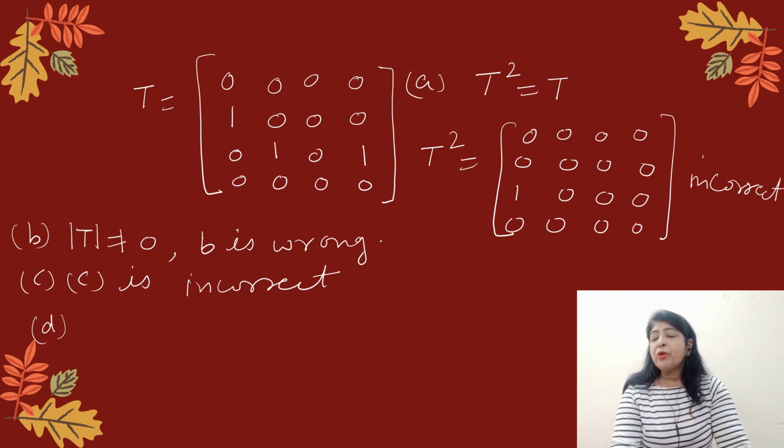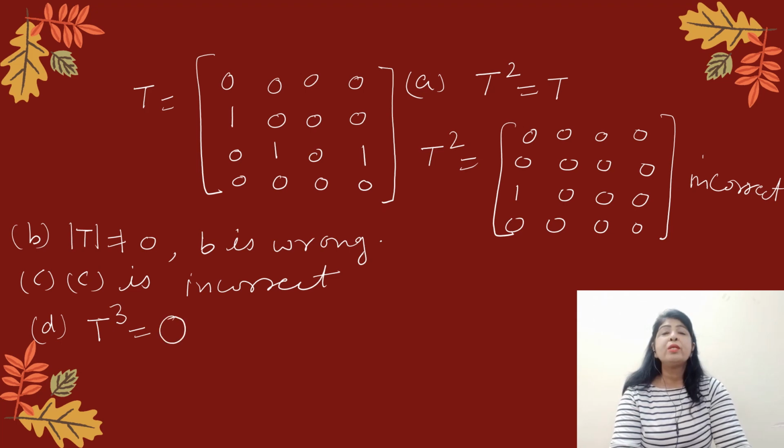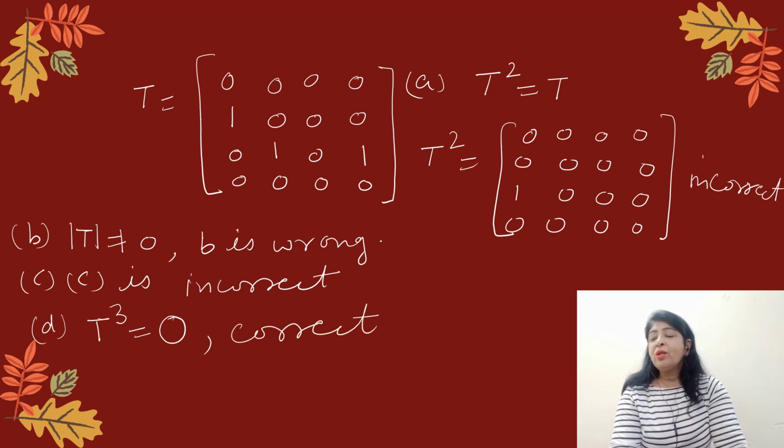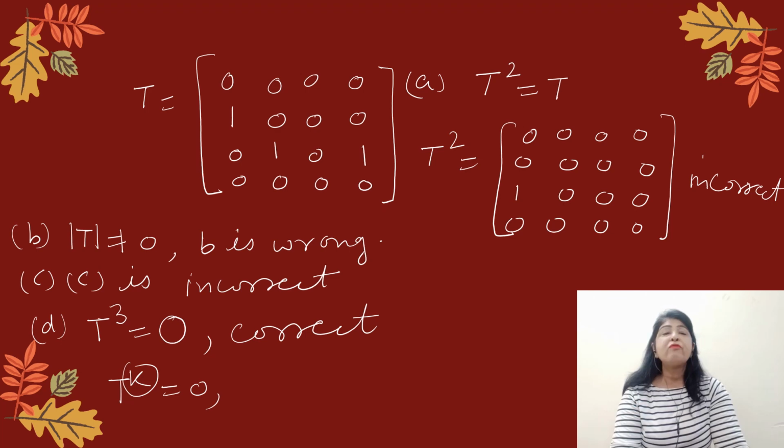Next he says that T is nilpotent. For nilpotent, when you multiply T square with T, you will get T cube, which is equal to the 0 matrix. So T cube is 0, which is the condition for nilpotent. T to the k is equal to 0 where k is the index, and for some value of k you have T to the k equal to 0. So T cube is equal to 0.